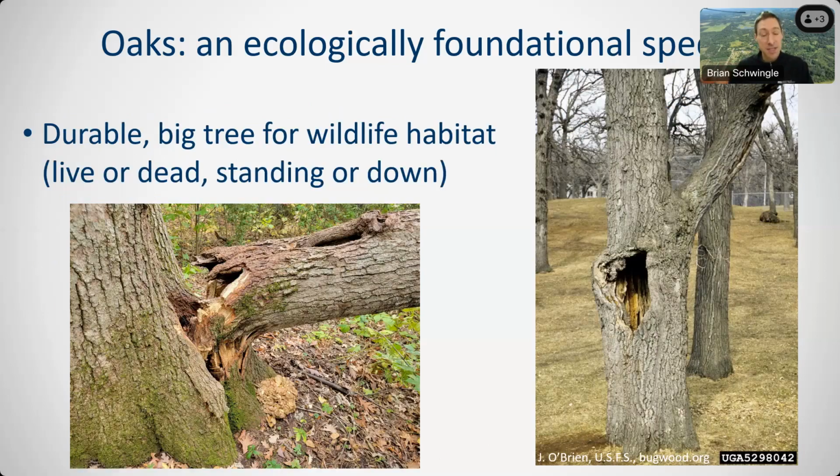Now, that's not specific to oak, but the deal with oak is they're really common and they're generally a long-lived tree that has really durable wood, and they're big. Some species rely on a minimum size for a den. So they're really important whether they're living, whether they're dead standing, or whether they're down and dead.